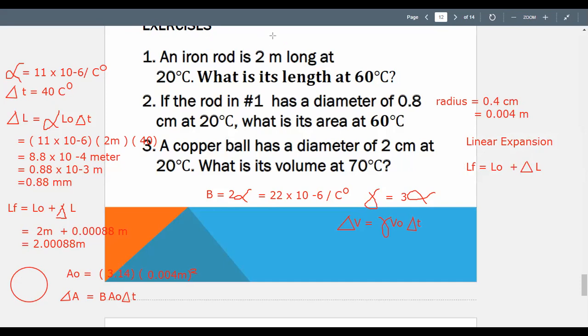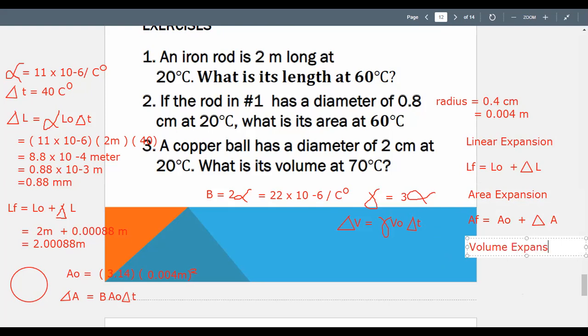For our area expansion, then we have AF, our final area. So you need there the original area plus the change in the area, the added area. And then finally, volume expansion.